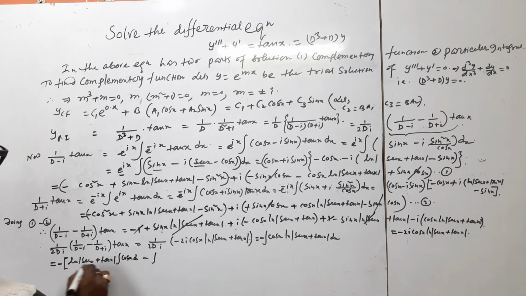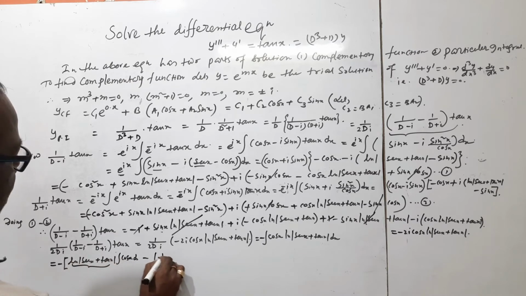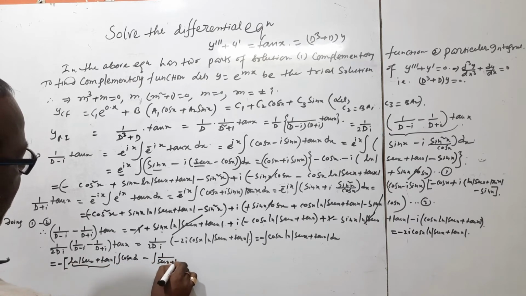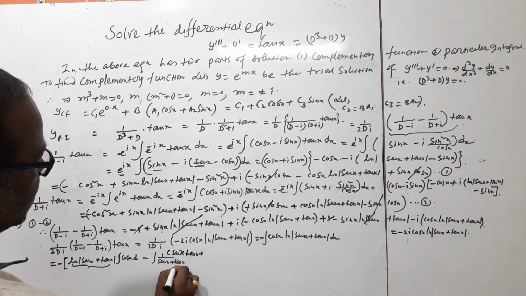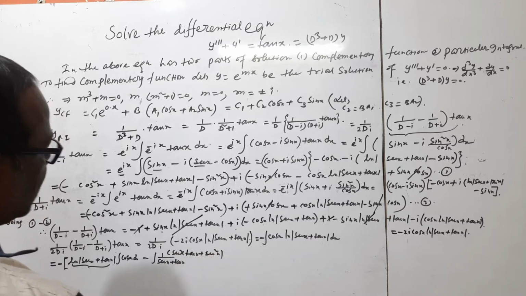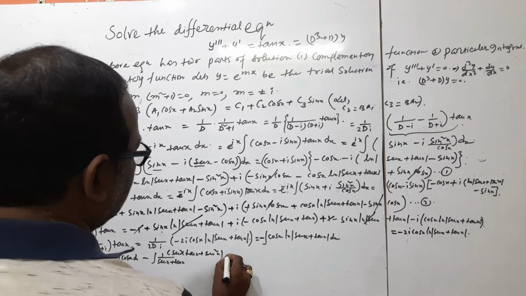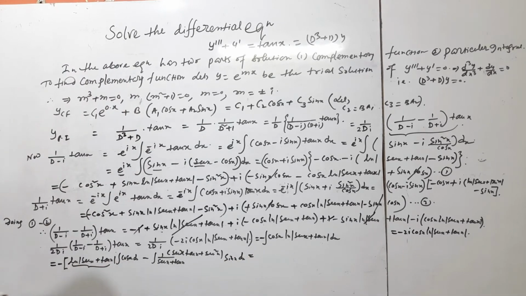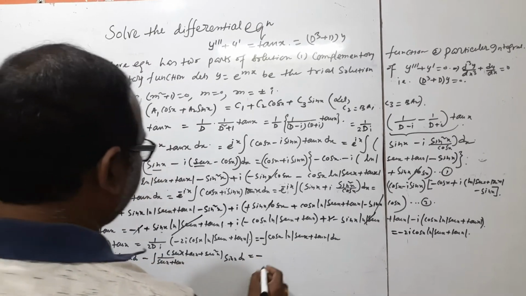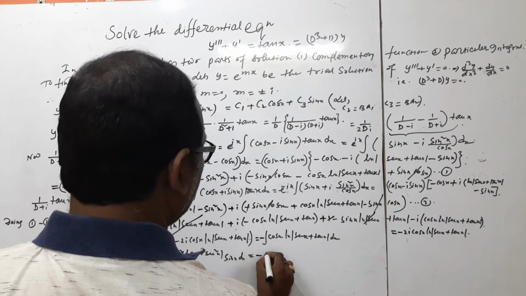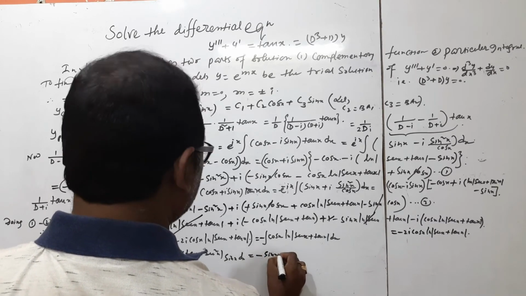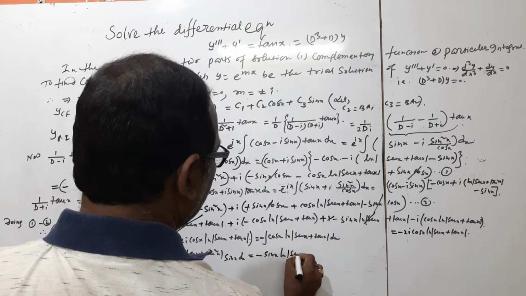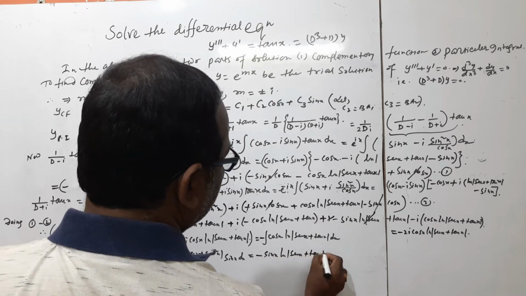After that, the differentiation of this is we get here 1 by sec x plus tan x, and the differentiation of sec x is sec x into tan x plus derivative of sec x is sec square x, and the integration of cos x side is sin x dx, and that is equal to minus sin x ln mod sec x plus tan x.